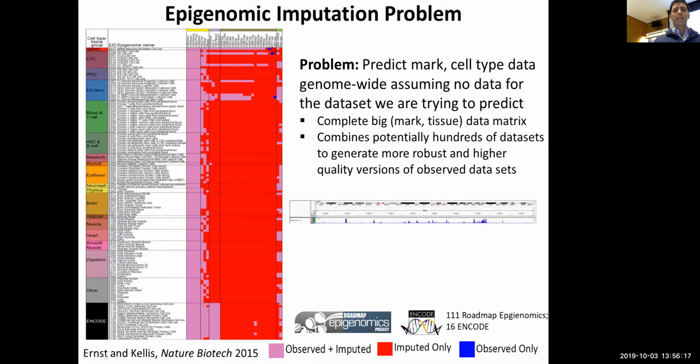But using a single mark, we were able to impute all of these red ones for that cell type. Whenever you see purple, that means it's both observed and imputed. Whenever you see red, it means this is only imputed, but we had something that we could impute it from. And when you see blue, that means that I didn't impute anything there because I didn't have any driver that could tell me what it's similar to.